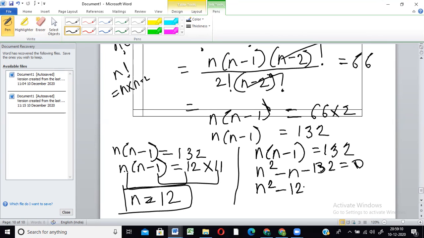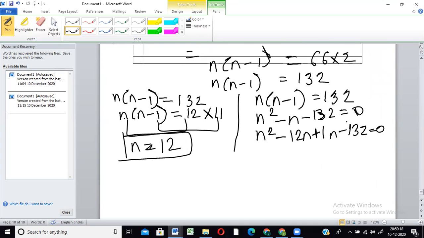So this becomes n squared minus 12n plus 11n minus 132 equal to 0. Right? Because minus 12 and 11 on multiplying give us minus 132, and minus 12 plus 11 on adding gives us minus 1. Yes, so n into n minus 12 plus 11 into n minus 12 is equal to 0.